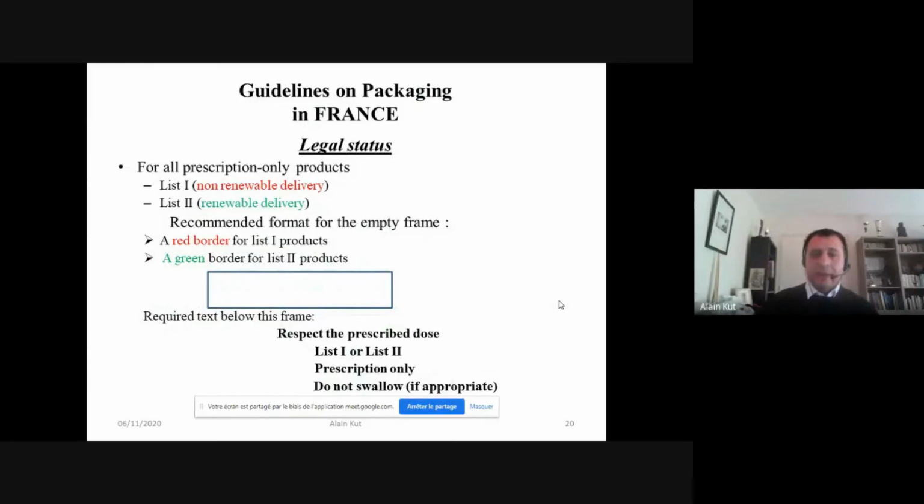Just a quick example of what we can find on packaging. Here in France, we have the so-called list 1 and list 2. List 1 is non-renewable delivery and renewable delivery is in list 2, with a frame with a red or green border.